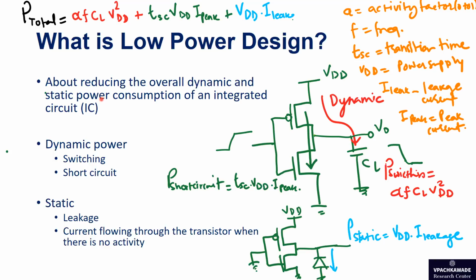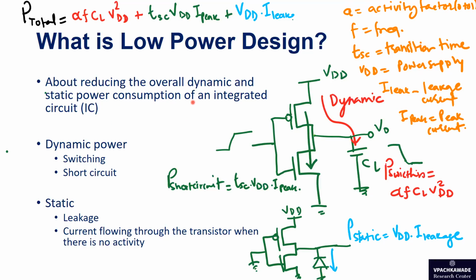The practice in the industry is to make sure that the batteries are useful for long durations of time. So low power design is about reducing the overall dynamic and static power consumption of an integrated circuit.